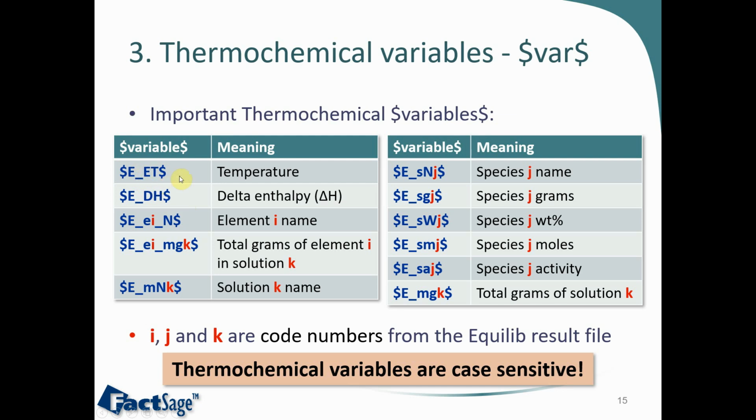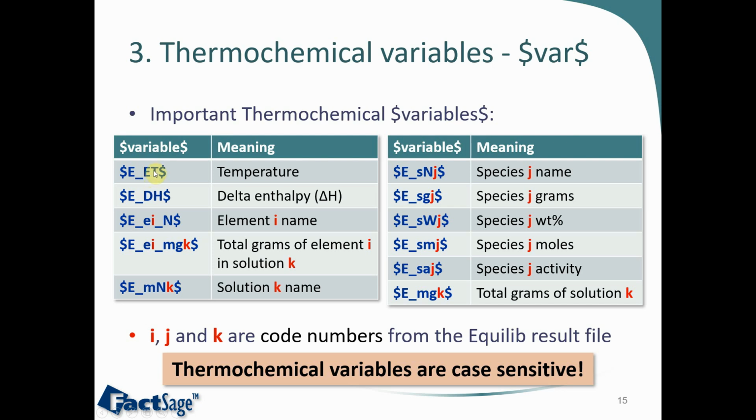The second uppercase E indicates an absolute value, and the uppercase T, the temperature. So this thermochemical variable represents the equilibrium temperature from the equilibrium. You could replace the uppercase T by uppercase H to have the absolute enthalpy, or uppercase G for the absolute Gibbs energy, and so on.